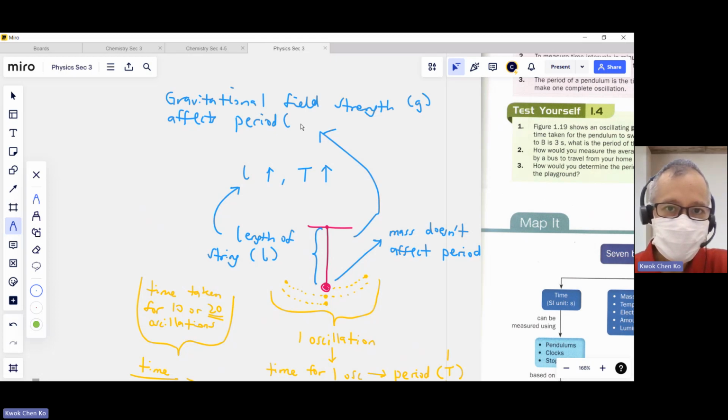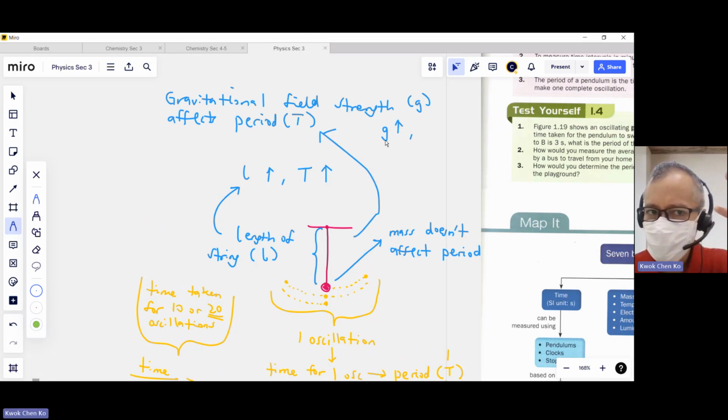Okay, let me re-emphasize. Period is symbolized by capital T. There's a very precise effect due to the gravitational field strength, but in general, as your field strength increases, intuitively, you may be able to figure out, do you think this is going to swing faster or slower?